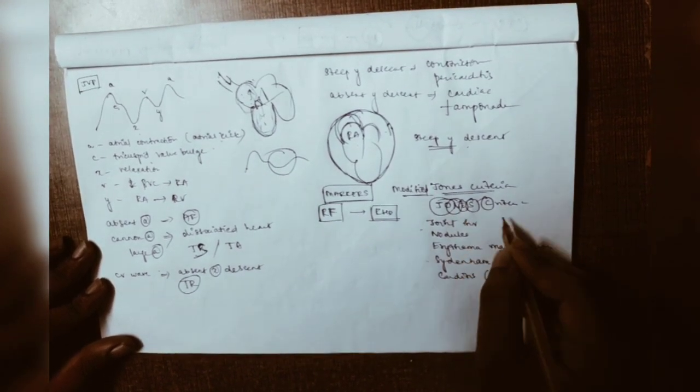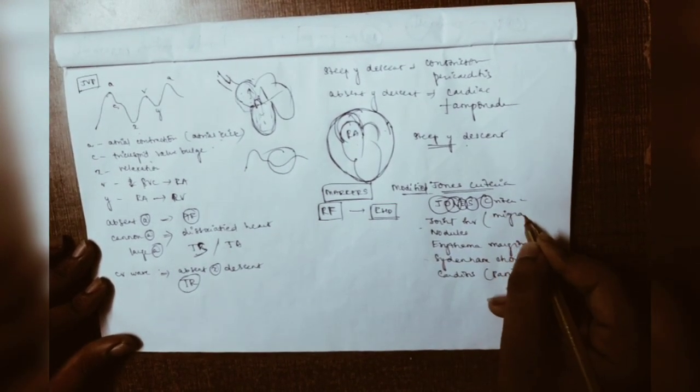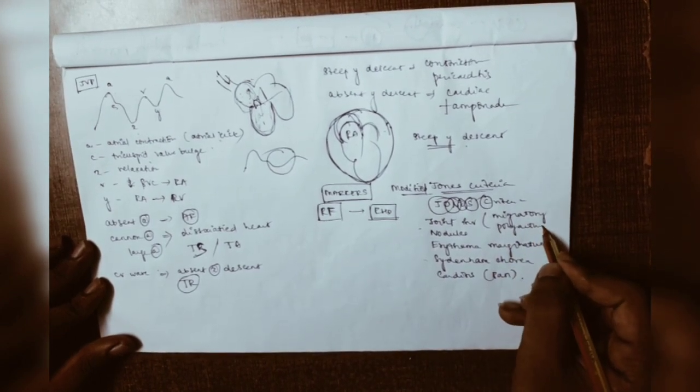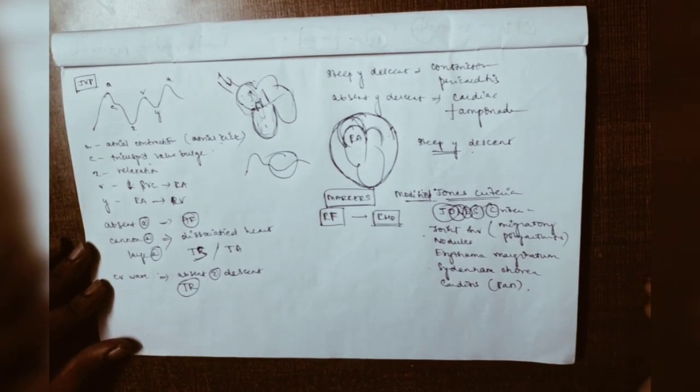Joint involvement is nothing but migratory polyarthritis. It's more like a polyarthralgia than an arthritis.